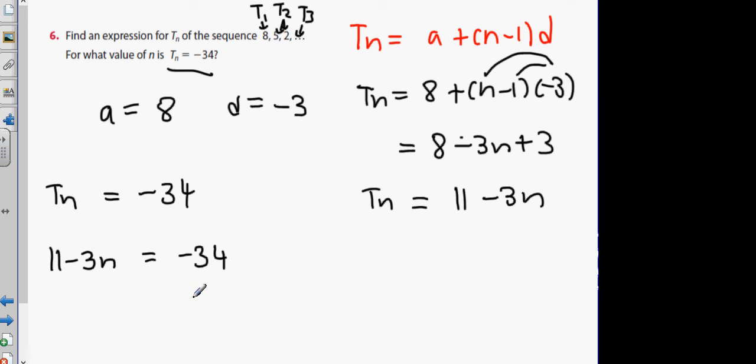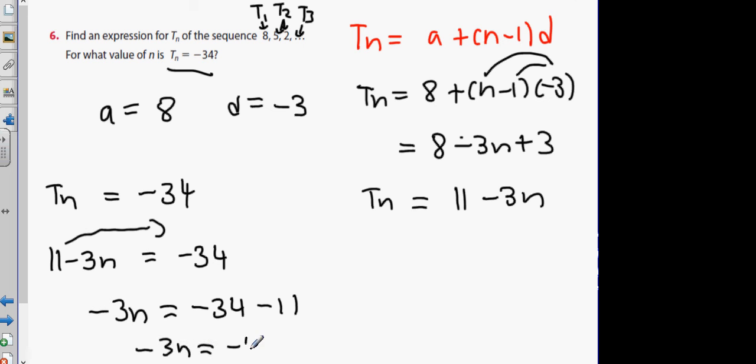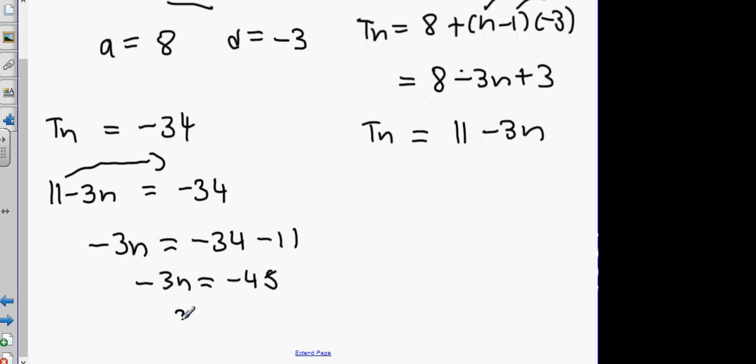Figure out what n is. How do you figure out what n is? Minus 3n equals minus 34 minus 11, so minus 3n equals minus 45. Multiply both sides by minus 1 and you get 3n equals 45, and therefore n must be 15.